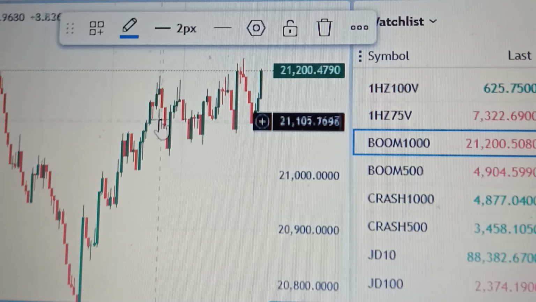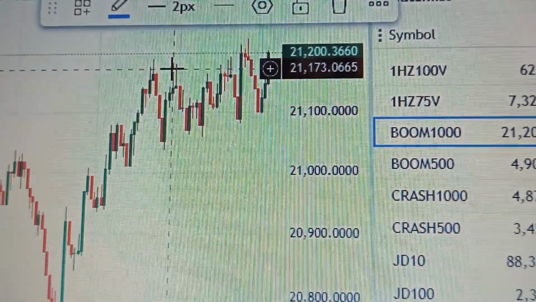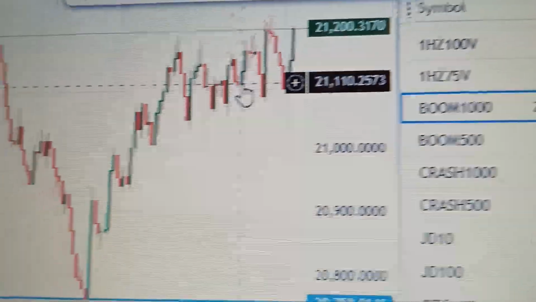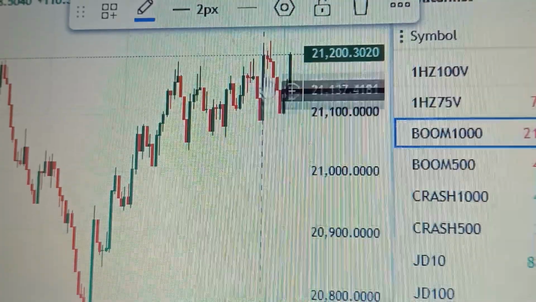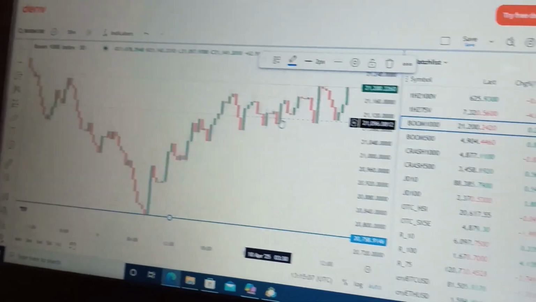You see what has been happening here on 30 minutes. It goes to this level, comes down, comes to this point, comes down, comes to this point, comes down. So what I usually do at this point, I draw a trend line.